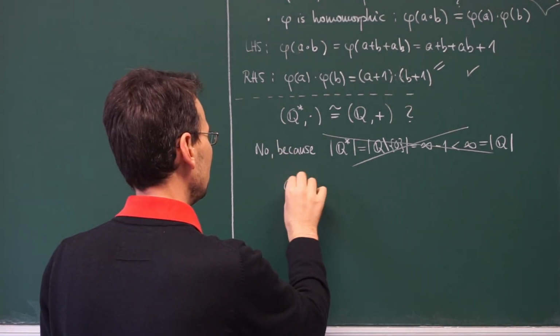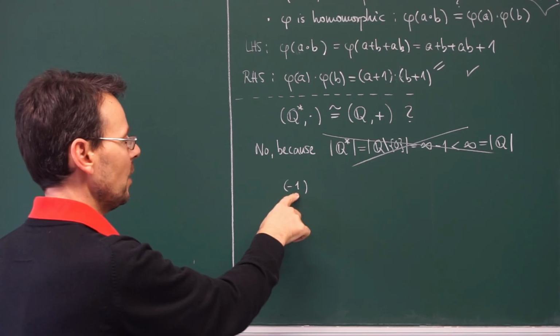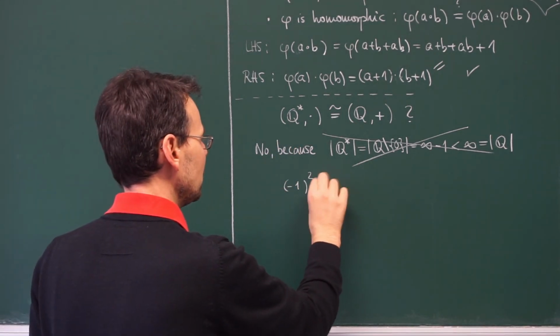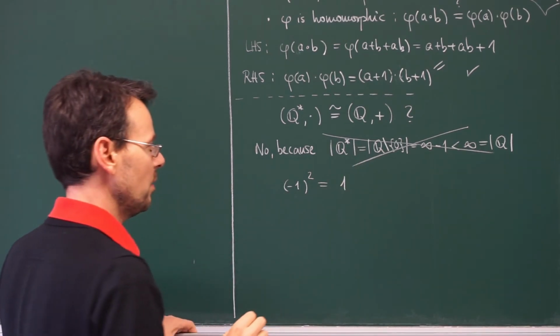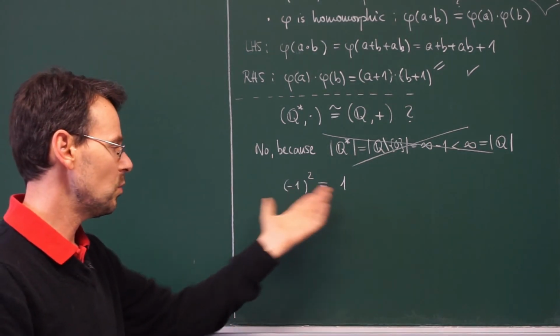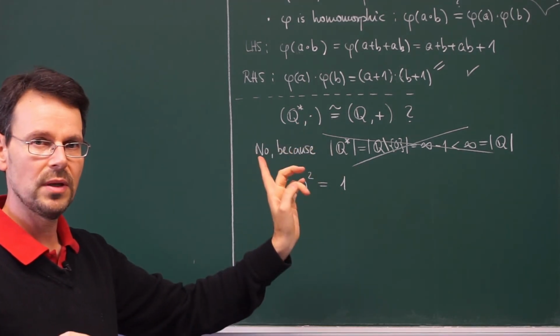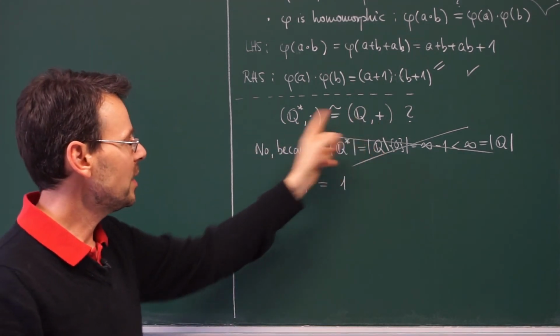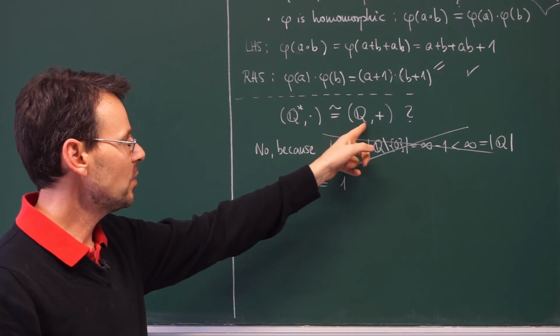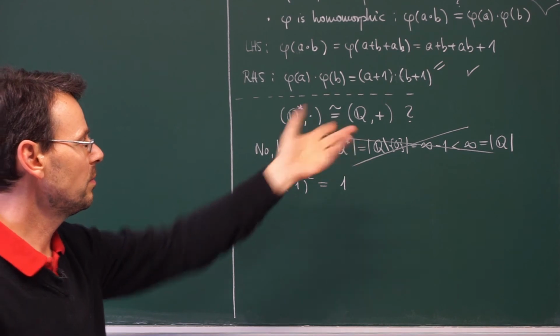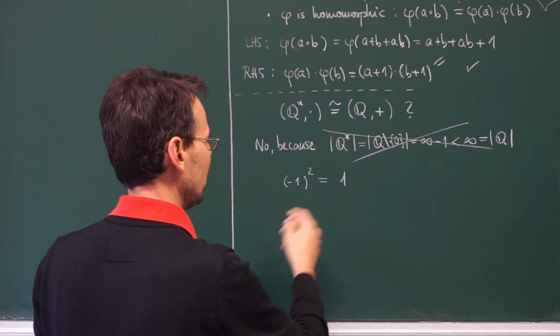For example, if we take a look at the element -1 here, then -1 squared is 1. And -1 itself is not 1. So we have an element of order 2 in this group here. If they were isomorphic, then there would have to be at least one element of order 2 also in this group. But what is the order of a rational number?